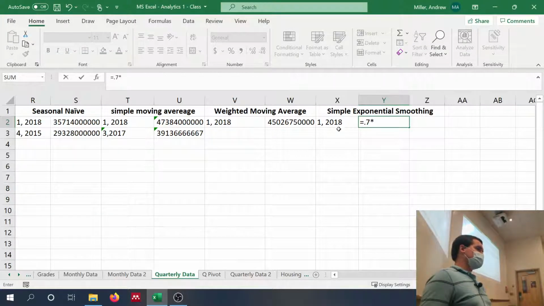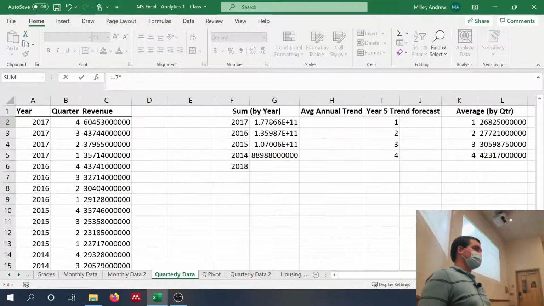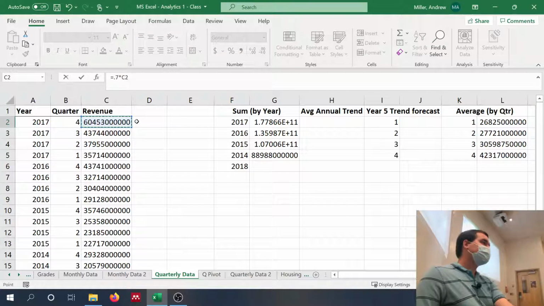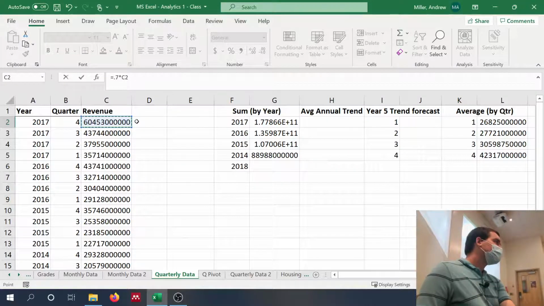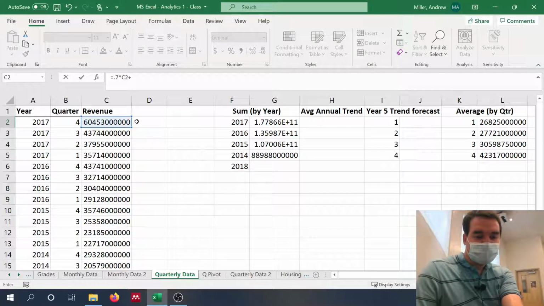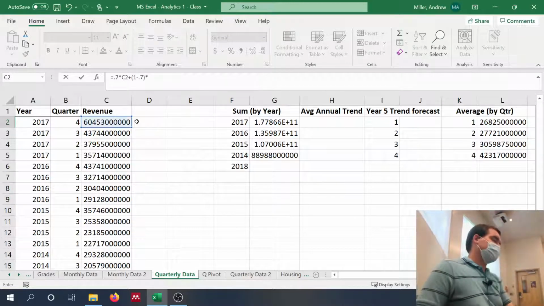So X2 is not the right answer either. Okay, C2 is the right answer. And now what do we do? Not C3.